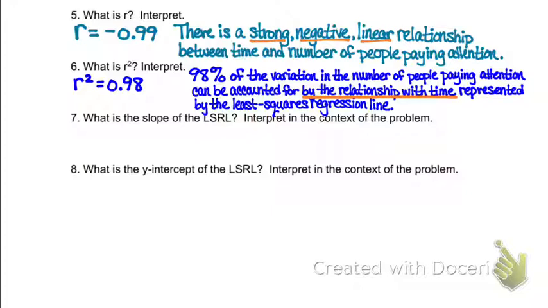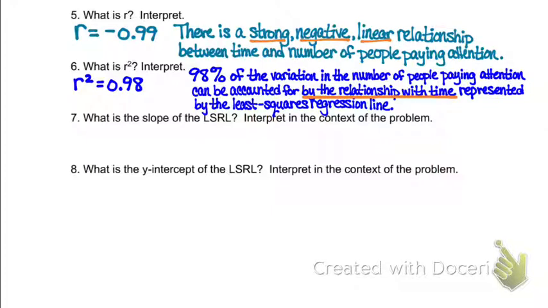That's what we're talking about as far as variation in the number of people paying attention. We are explaining most of the differences that we see in our y values based on what we know about our x values. So any kind of variation that we would see in our information collected about y is because of this direct relationship with time.